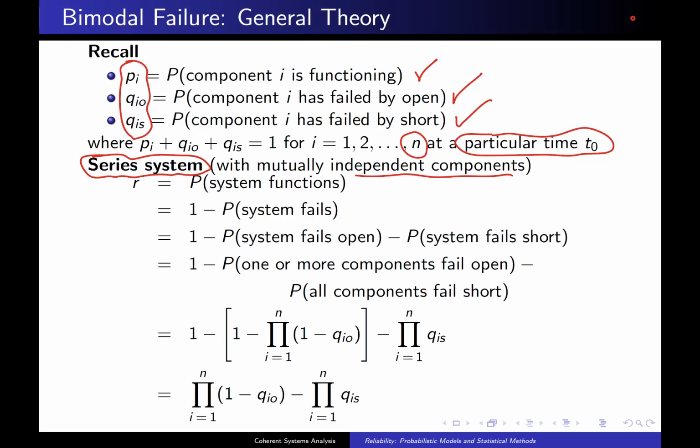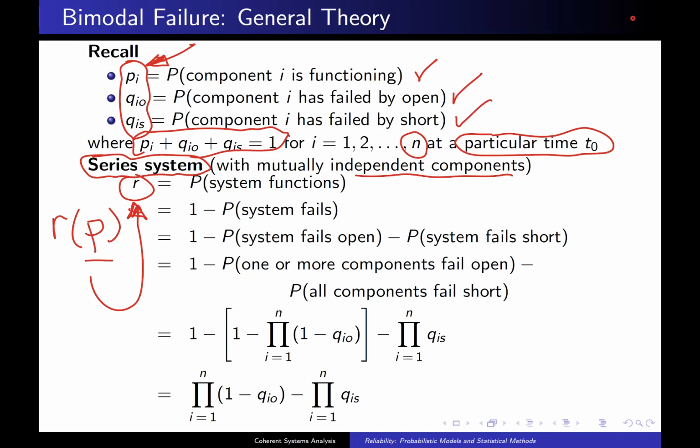Now you're used to seeing R in the past as R of p, but because the notation gets a little bit clunky when you throw in all of these three different probabilities, which of course have to sum to 1 because you are in one of those three states, either functioning, failed by open, or failed by short, we simply take R and drop its argument.